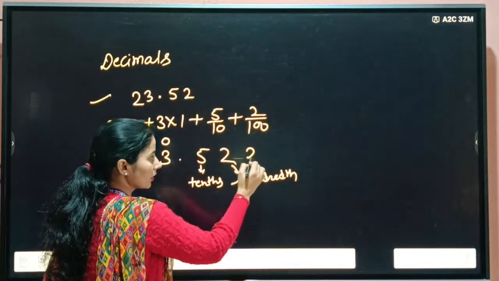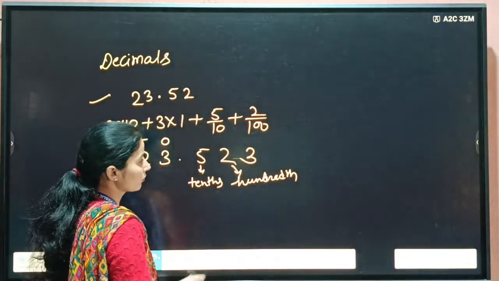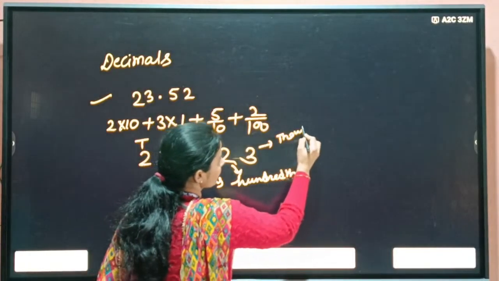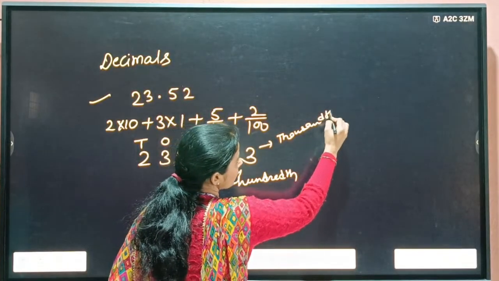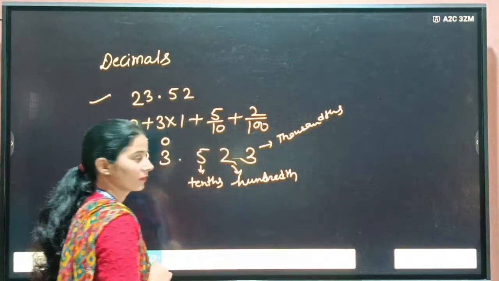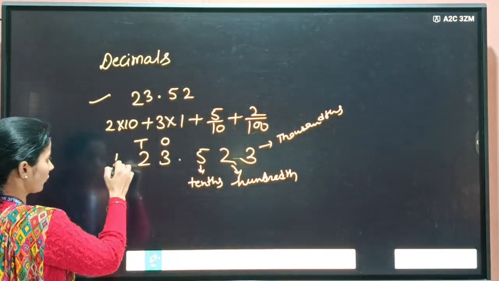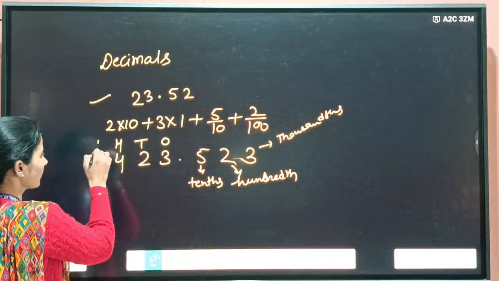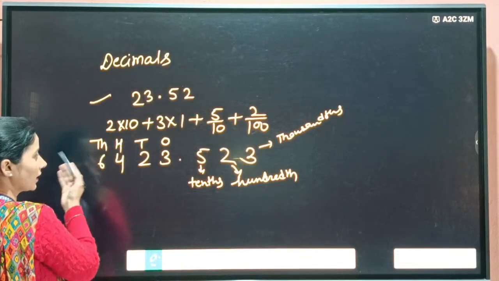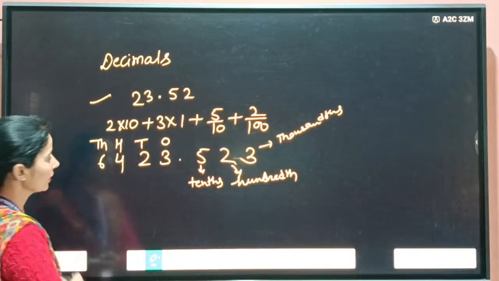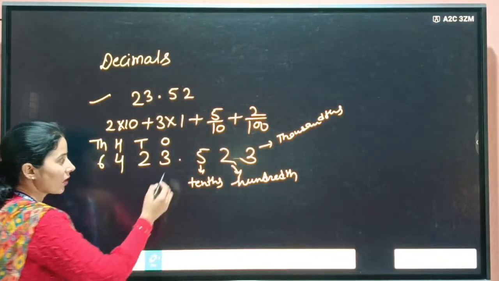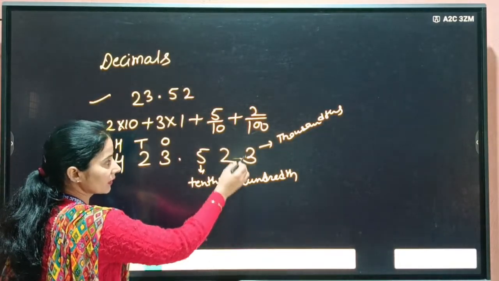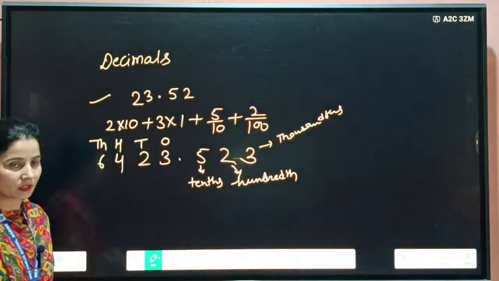And suppose I want to write one more digit, then it will represent thousandths place. Everybody knows this. Now after the decimal, this is tenths place, this is hundredths place, and this is thousandths place.